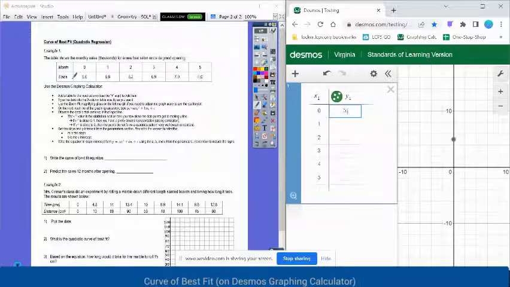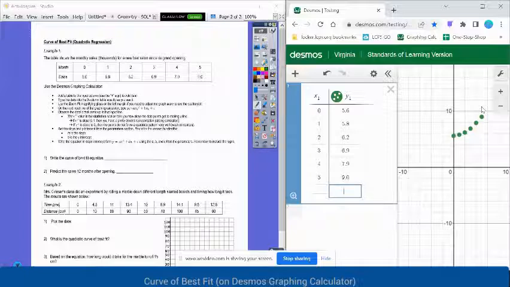Those are my sales that we're going to put in. Okay. And so when I put those in, you can see on the calculator, I hope that you notice these points are making a curve. They're tilting and curving up, not increasing at the same steady rate.